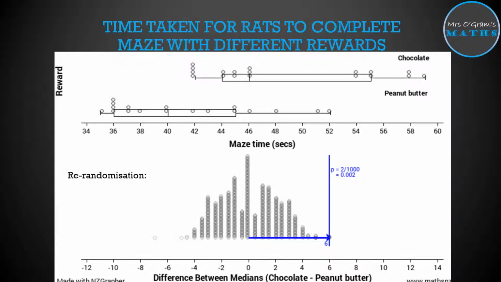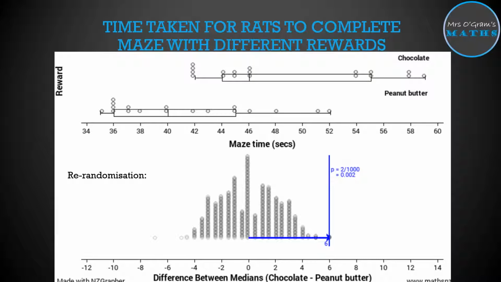So we've got that confidence interval before, but we actually want to know if it's statistically significant enough of a difference to be able to say that putting chocolate in there instead of peanut butter is what made the difference to making them complete the maze faster. So we do this re-randomization distribution, which is the difference between the medians of those two groups.